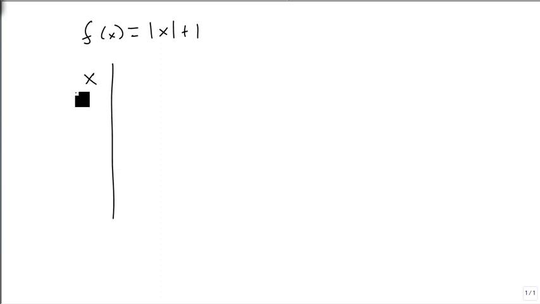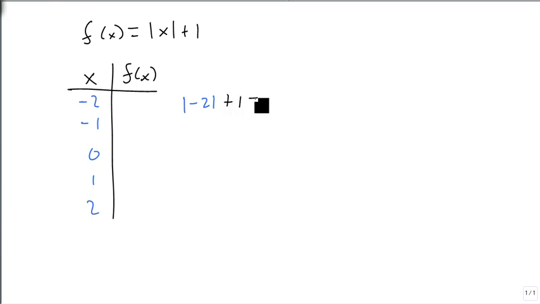Suppose I have f of x equals the absolute value of x plus 1. So again, we're going to take our x value and our f of x value, and we plug in -2, -1, 0, 1, and 2. But now when I take the absolute value of -2, it becomes a 2, which I then add 1 to, and I get a 3.